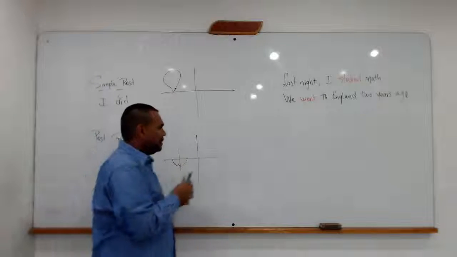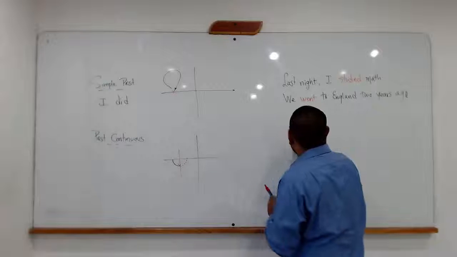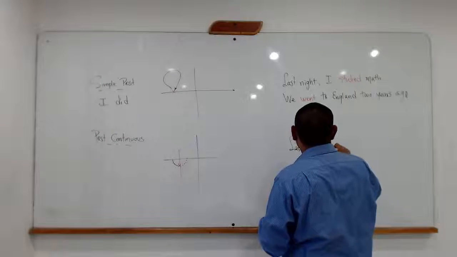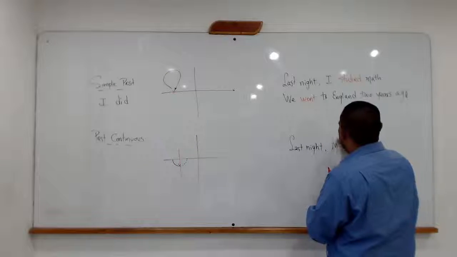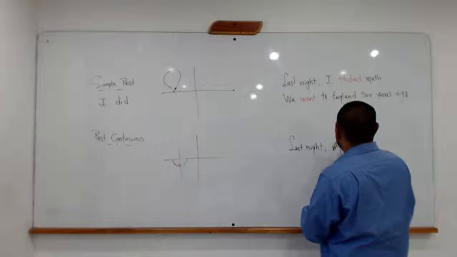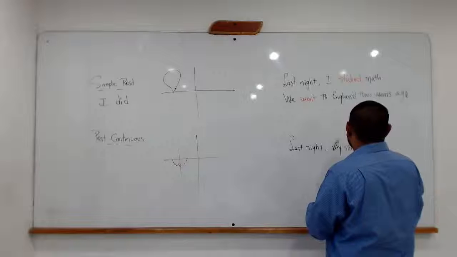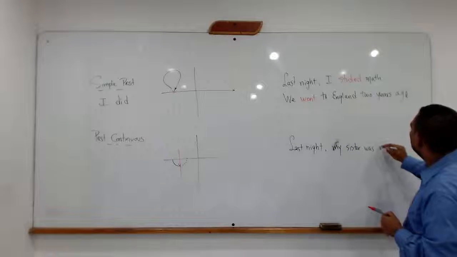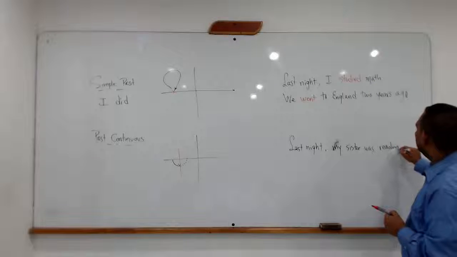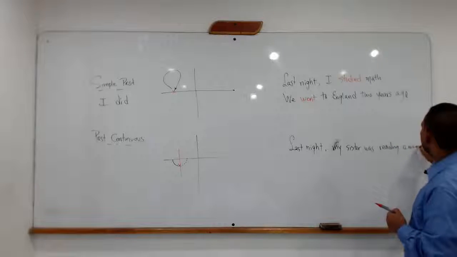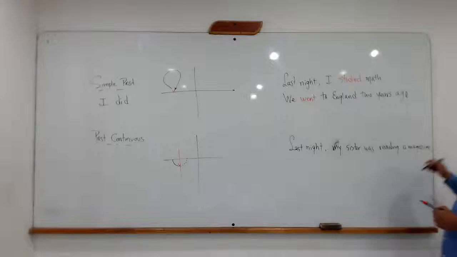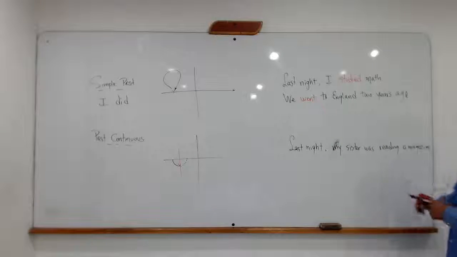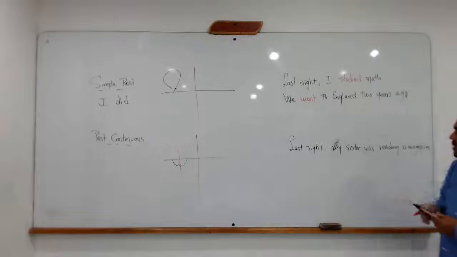So, for example, look at this. Last night, comma, my sister was reading a magazine. Look, last night my sister was reading a magazine. This is the past continuous.